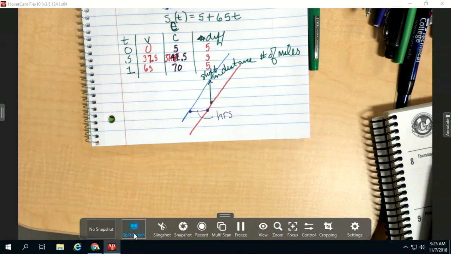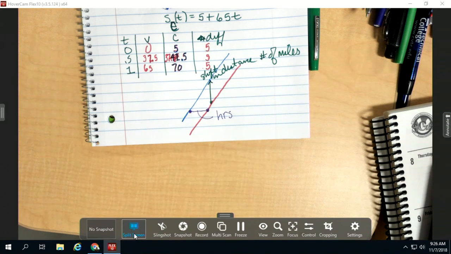So, would you agree it's going to be a very, very, very small number of hours? In fact, we'd probably be best measuring it in minutes apart. Is the number of minutes more or less than 5, which is the number of miles? How far apart they are? That's a good question, Kevin. Thank you for asking me. How far does the car go in an hour? 65 miles, right?